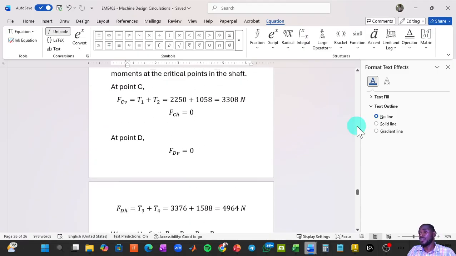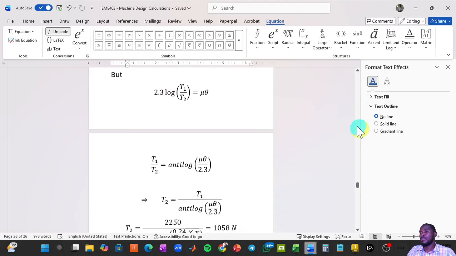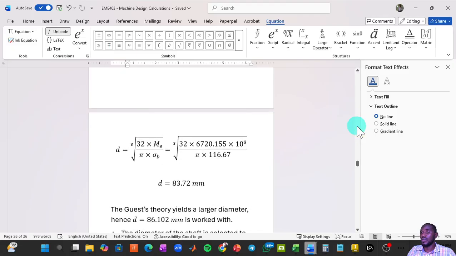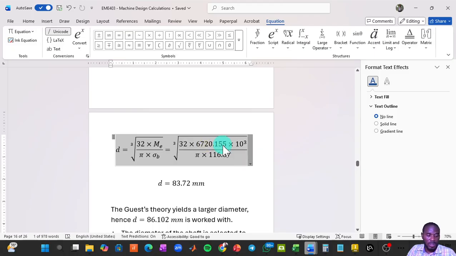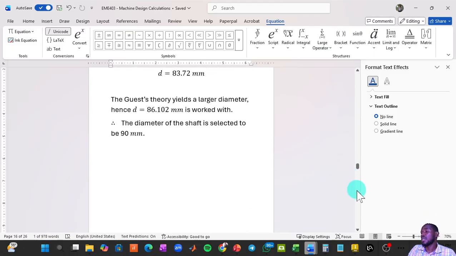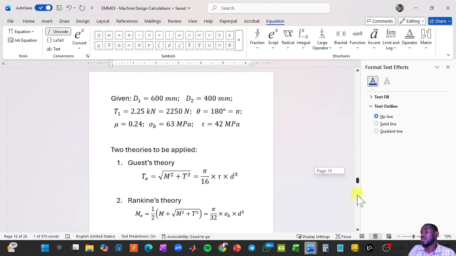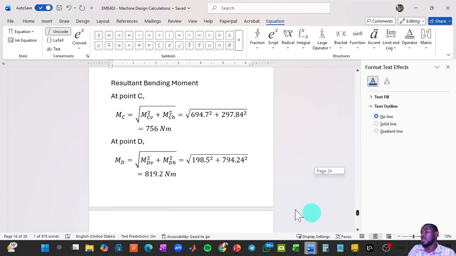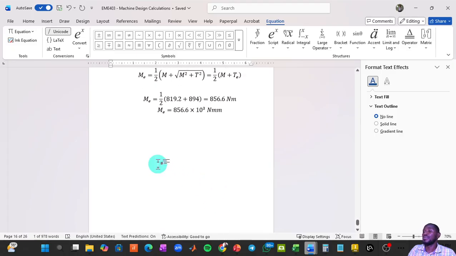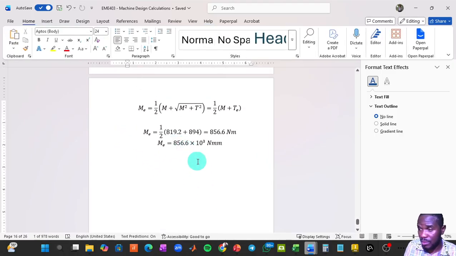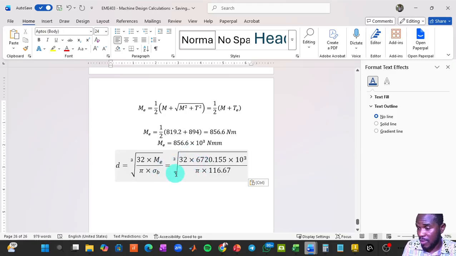That also is somewhere nearby, so I'll just go grab it right here. I'll just copy the whole thing and edit accordingly. So that's the value for D.